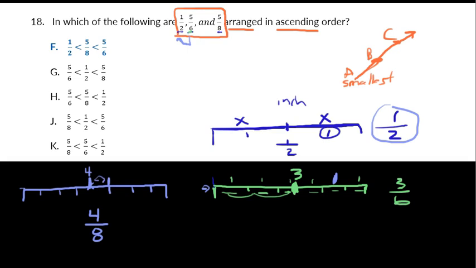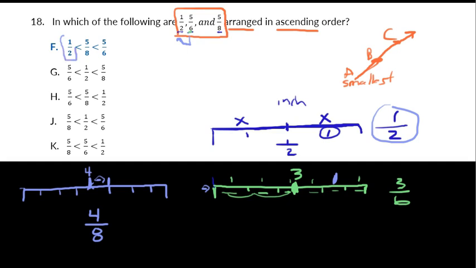So it's 1 larger than a half within the 8ths world. So we know that both of these, 5/8 and 5/6, are both larger than 1/2. And with that information, we can answer the question, because that tells us that 1/2 is the smallest.